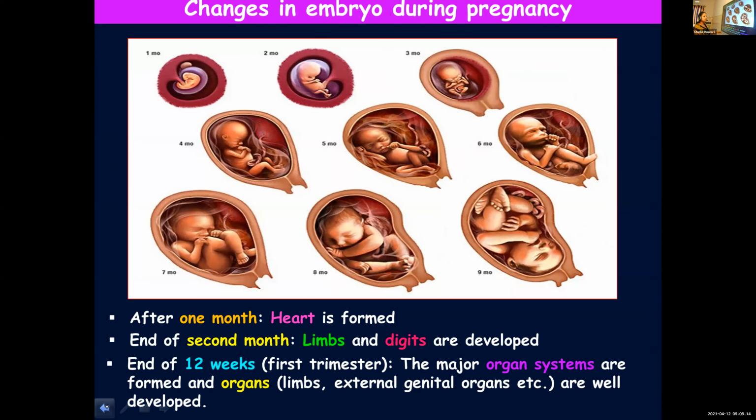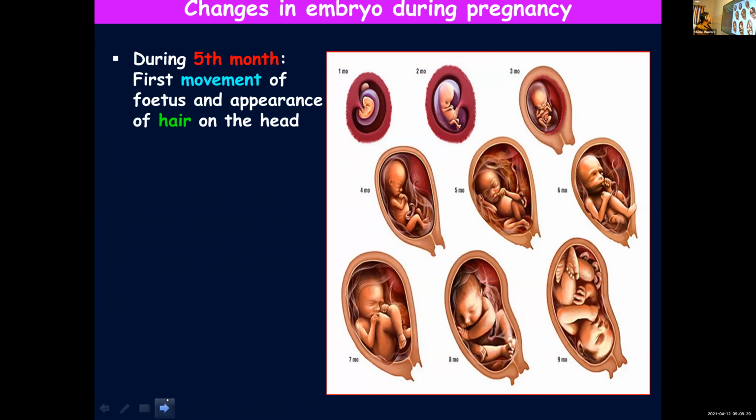After 1 month, formation of the heart. Second month, limbs and digits. And the third month, the organ systems are formed. Then external genital organs as well as the limbs will get properly developed. Then the fifth month, first movement of the fetus and the appearance of hair on the head.